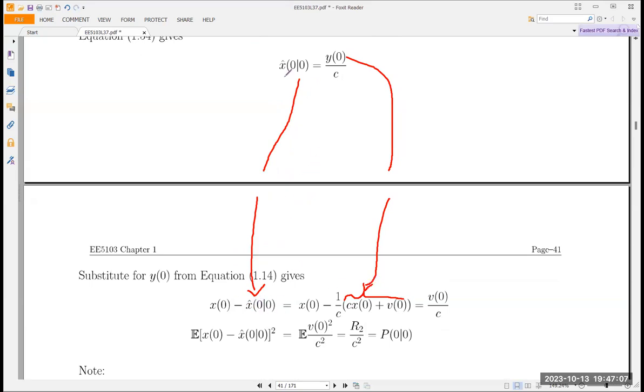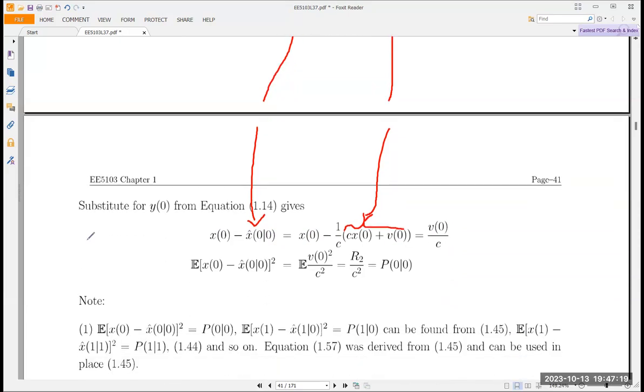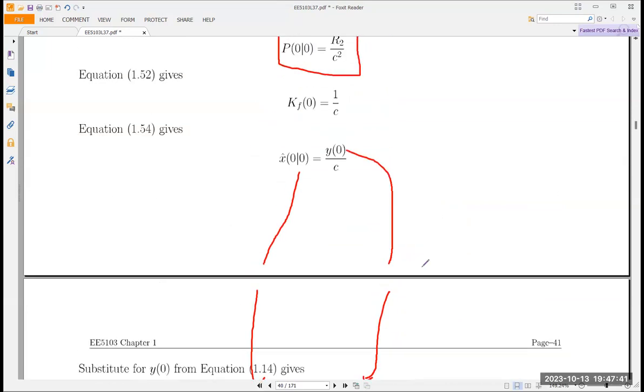So X00 is Y over C. We put Y over C here and then replace Y by this. You will get this. This and this is the same. So you do the maths, you will get this. So finally, you square this thing. You square this, which is this. We saw that the expectation of this is R2. So over C squared, there you see, oh, this is equals to P00, which is here.